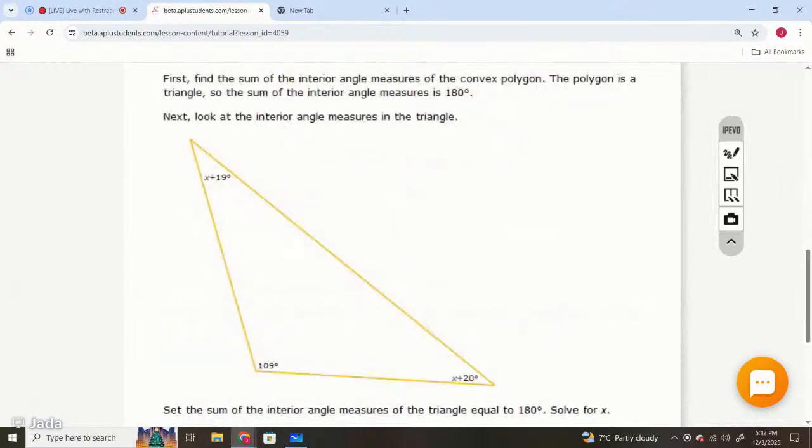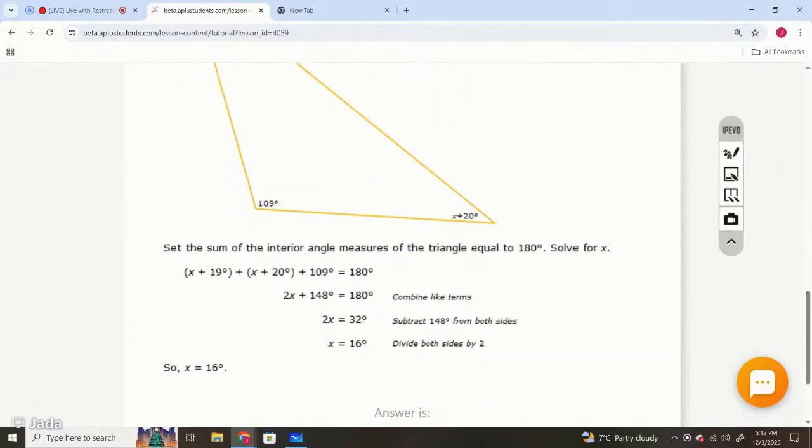First find the sum of the interior angles of the polygon. The polygon is a triangle, so the sum of the interior angles is 180 degrees. So just add all of them; the sum is equal to 180 degrees.